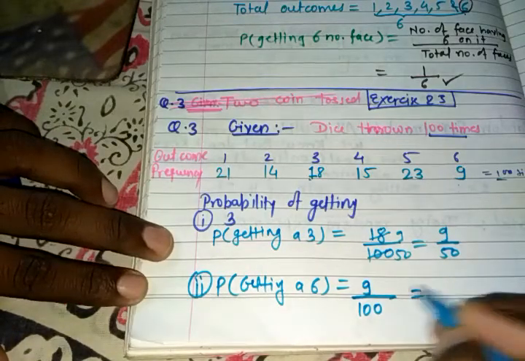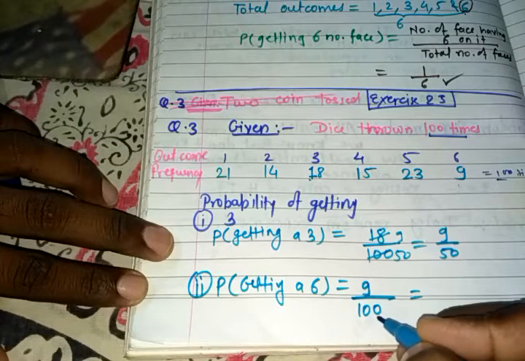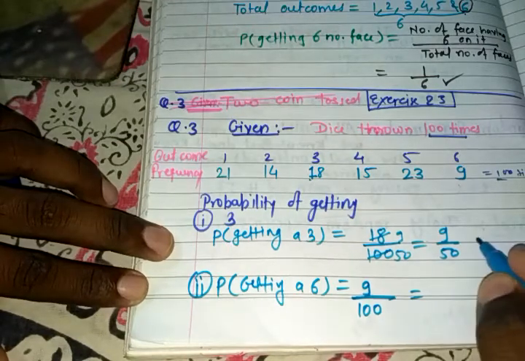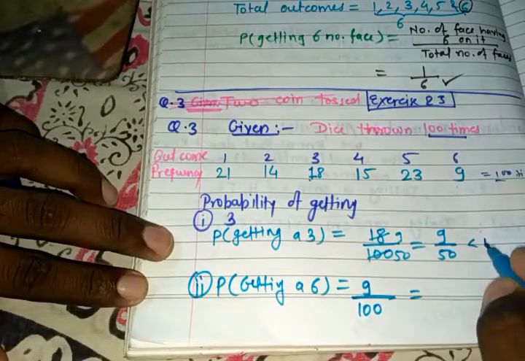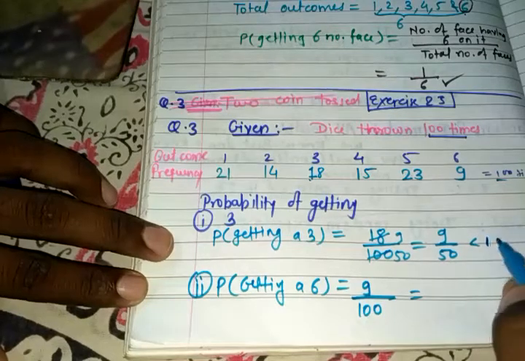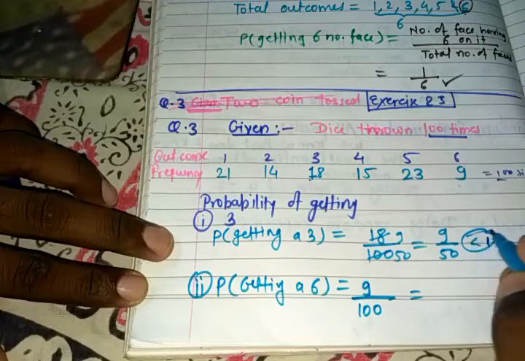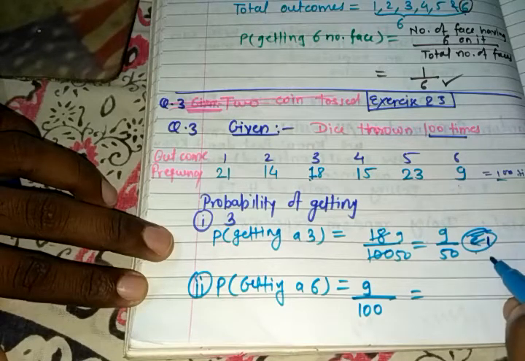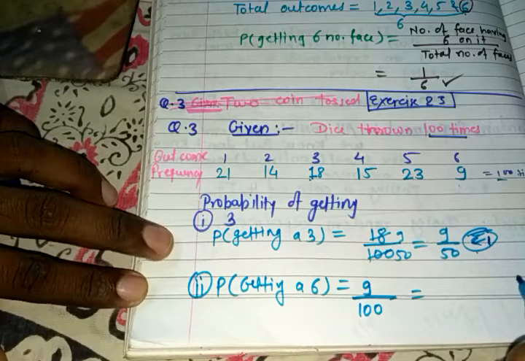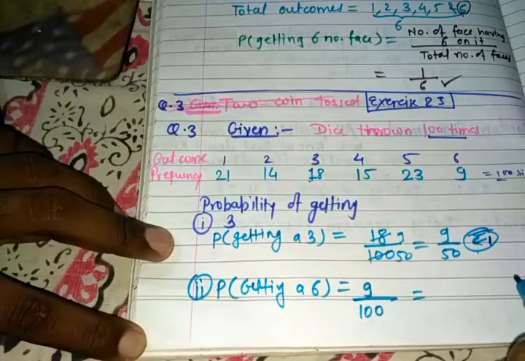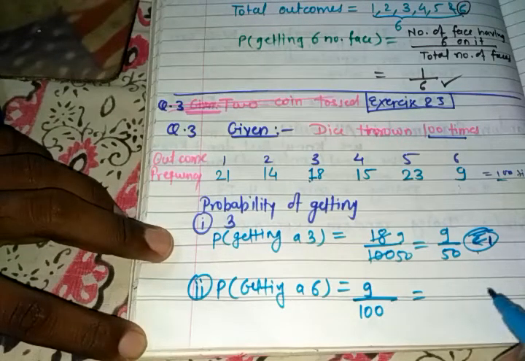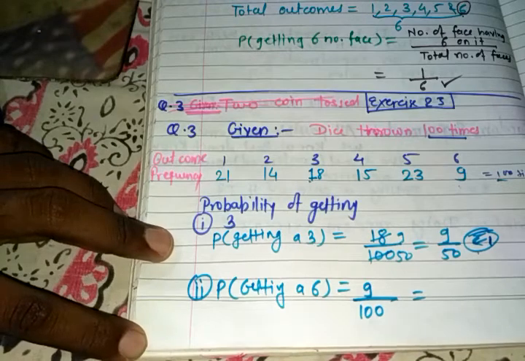Every time you see this fraction, it is always less than 1, right? It is not part of your syllabus now, but when you go to a higher class, it is mentioned in the probability section that the probability is always equal to 1 or less than 1 and greater than 0.